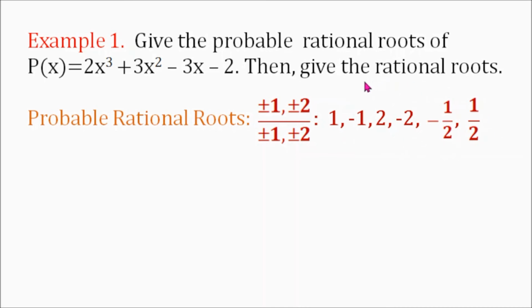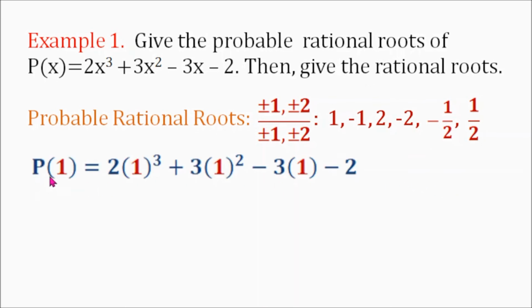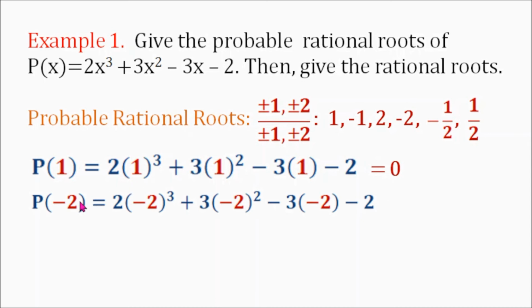Now, how do we find the rational roots? So we are going to try these 6 probable rational roots. For example, if we are going to try 1, we evaluate our polynomial at x equals 1. Substitute all the x's here with 1, so we get 0. And also, if we try negative 2, substitute negative 2 to all the x's we have on our polynomial, so we have this result.